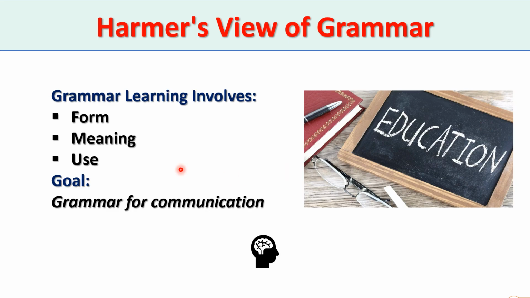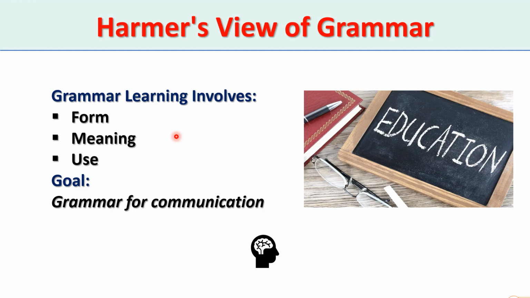For example, present continuous: the form is subject plus be plus verb-ing. Examples: she is studying, or they are working. Students need to understand how sentences are formed.